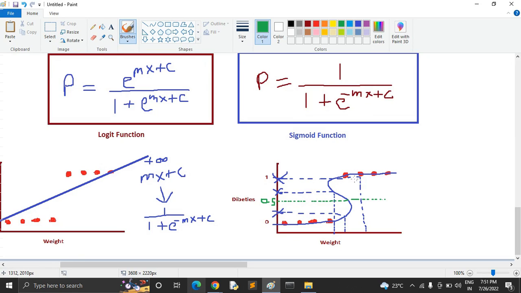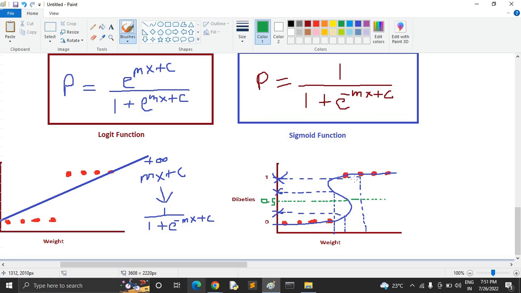And this is also the reason why logistic regression, which is a classification algorithm, is called regression, because we are starting with a straight line. We are deriving all these logit function and sigmoid function using the formula of a straight line.